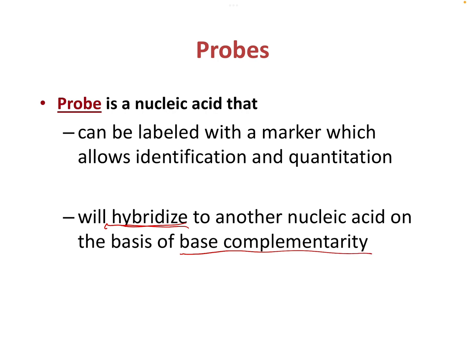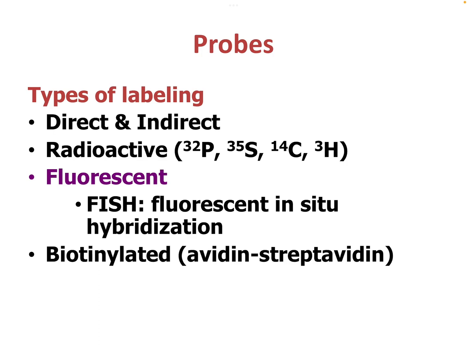So we know that DNA follows base complementarity: A, T, and G, C. A probe can be labeled with a radioactive isotope, or a non-radioactive one such as fluorescent, meaning the probes are labeled with a specific marker so that it will light up, it will color, and we will identify.